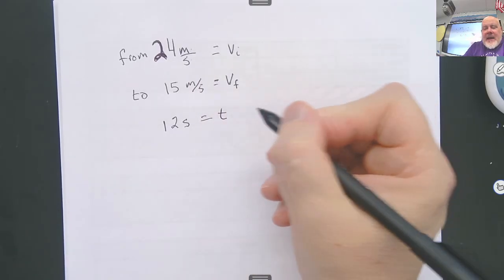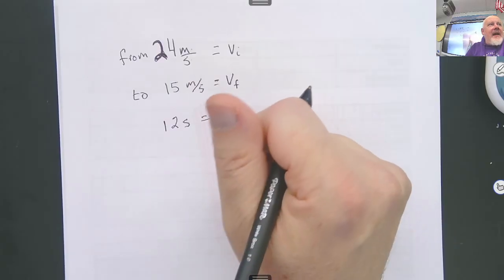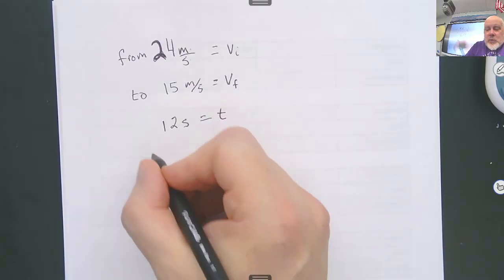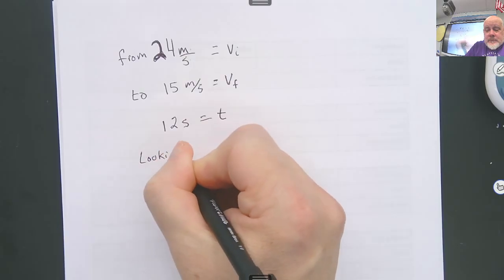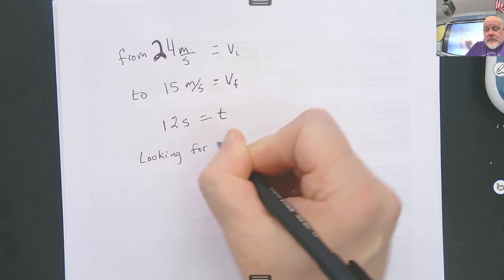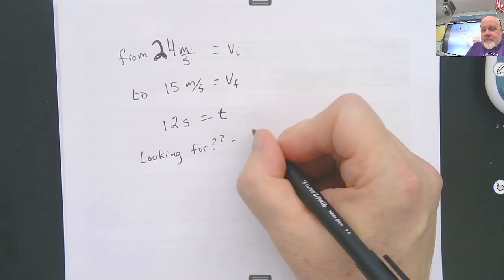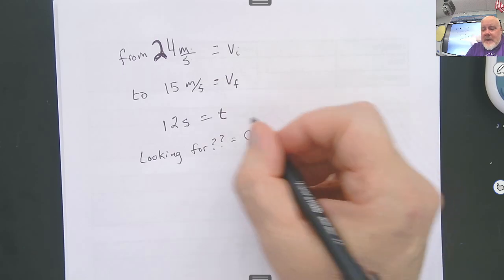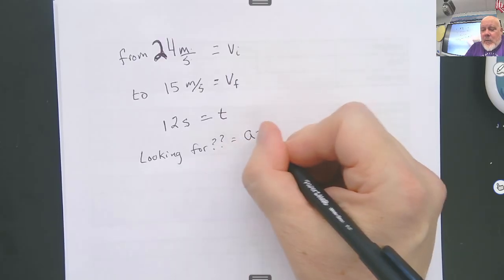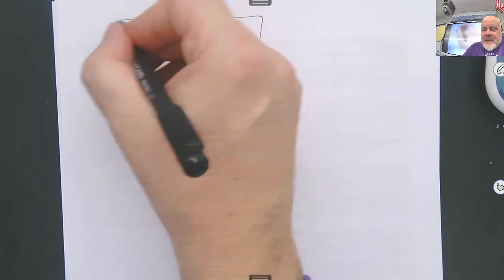It says, what is his acceleration as he slows down? So what are we looking for? We're looking for the acceleration, or A. So A is what we want to know. This is what we know.